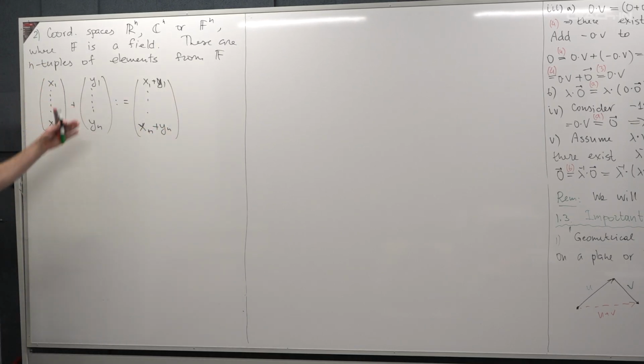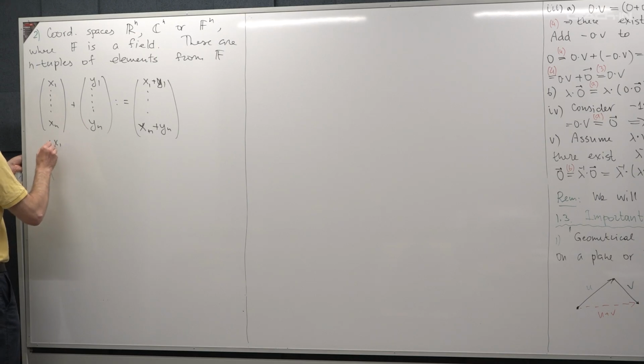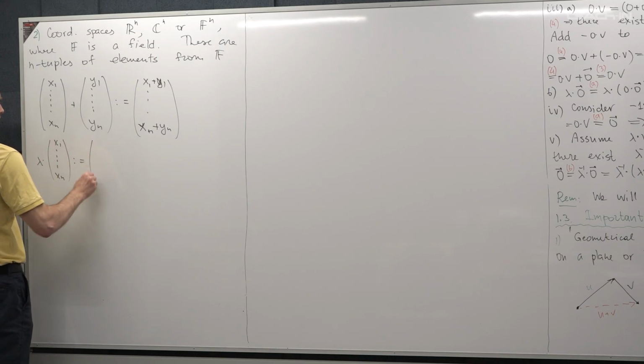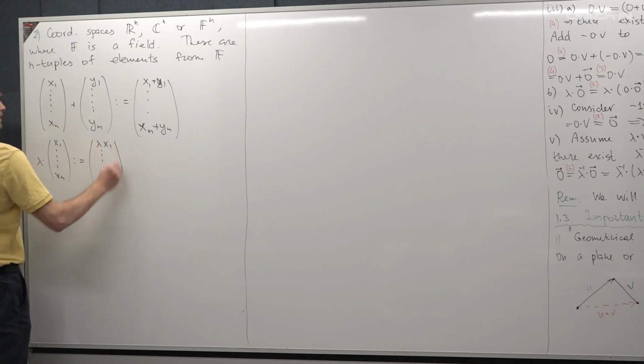So the addition here is component-wise, and in the same way we multiply a tuple of coordinates from the field by some element from the field. So this is just lambda multiplied by x1, etc., lambda multiplied by xn.